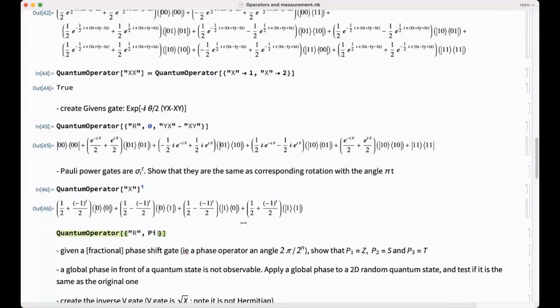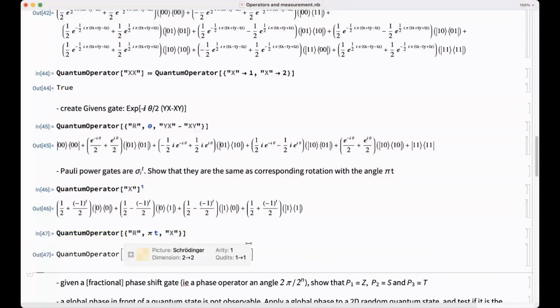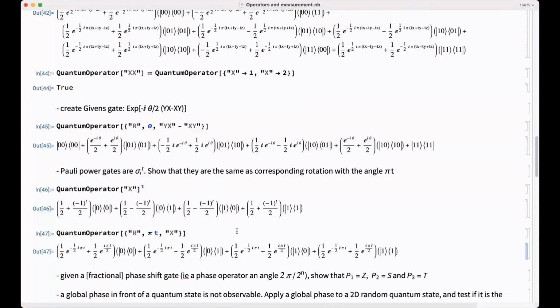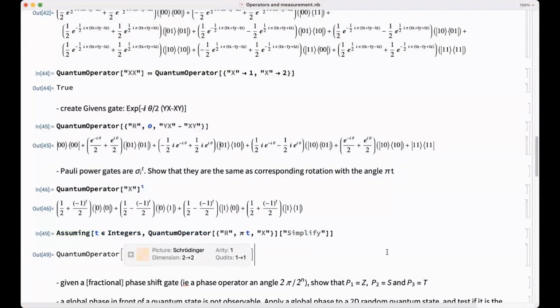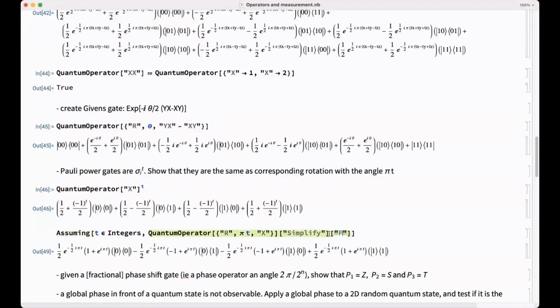For the rotation, there are two ways: you can either go with the generic definition and just wrap it around, simplify, or we can go with the full simplify.